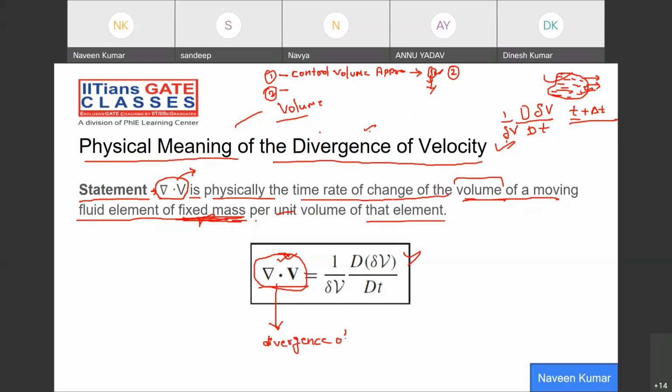So this divergence of velocity would be equal to the rate of change of volume, d(delta V)/dt, for a small element per unit volume, for a fixed mass, that you have to take care of. This is a very important word, fixed mass. You're talking about the fixed mass.